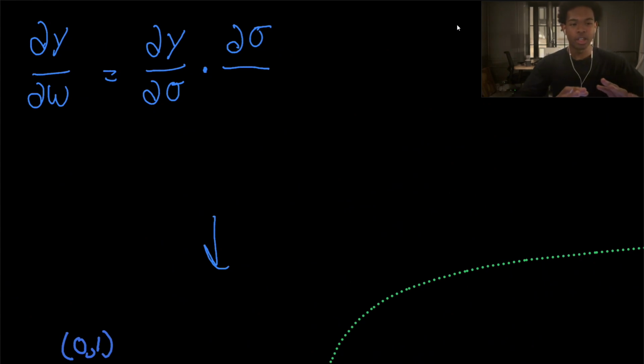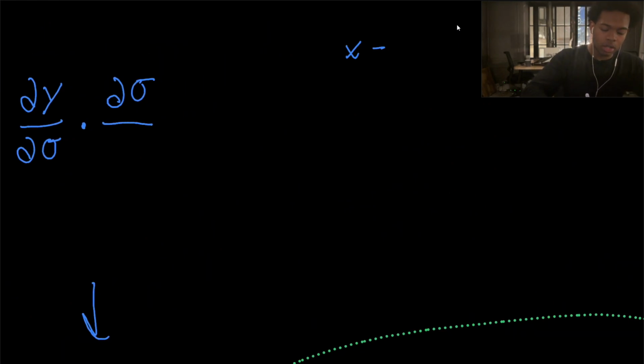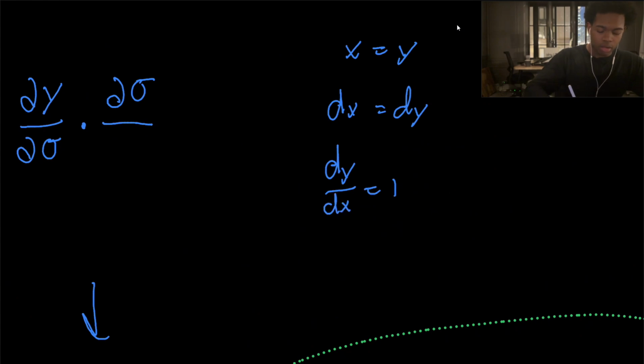I have the notion of the object of a matrix, but I have no notion of why it's partial y over partial w. You can have x equals y, and you would write it as dx dy, and then you would say dy over dx equals 1, or dx over dy equals 1.